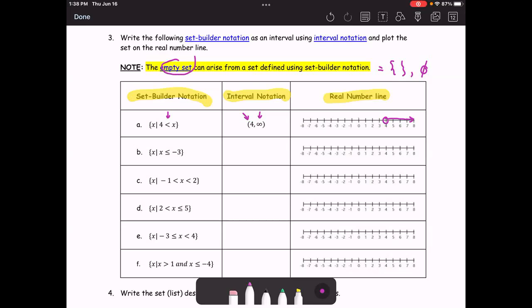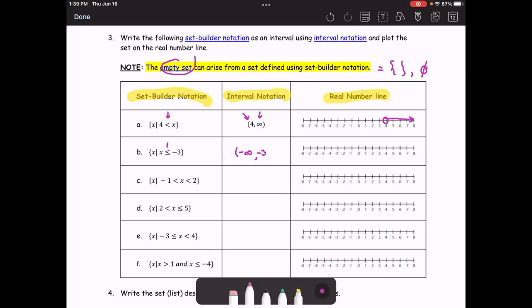Part B, the set of x such that x is less than or equal to negative 3. x is lower than negative 3, therefore negative 3 is on the right side of the interval notation. Use negative infinity to represent the numbers that are lower than negative 3, which is on the left side of the interval notation. Open parenthesis for the infinity symbol.